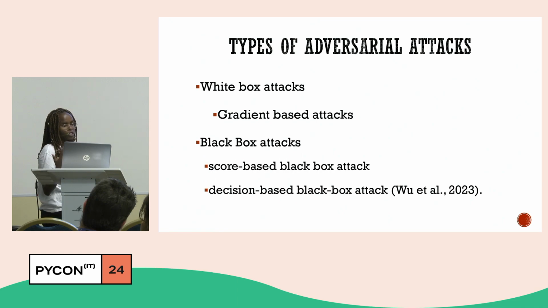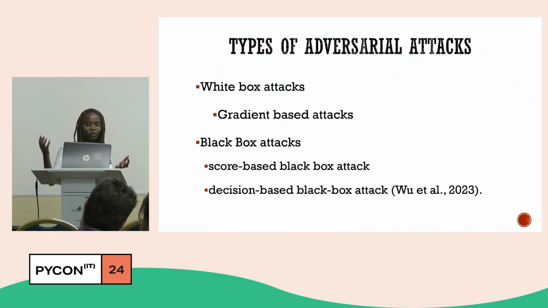Under black box attacks, the attacker doesn't have as much information about the model. You're relying on the output. For example, in a score-based black box attack, that would be the probabilities that the model gives. Say it's a classification model that predicts it's confident by some percentage that this is a given input.